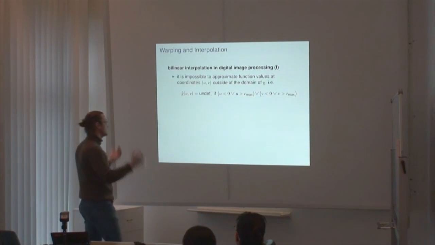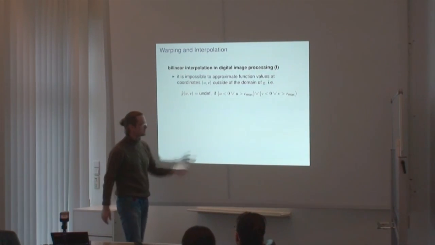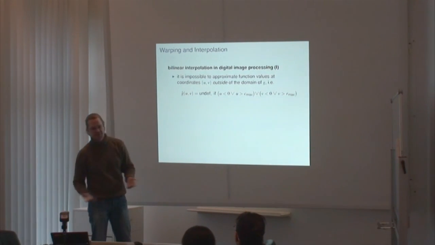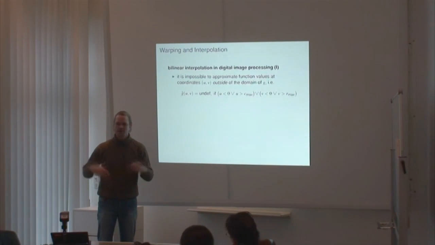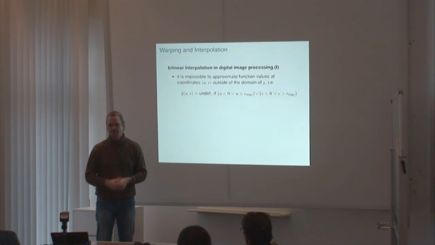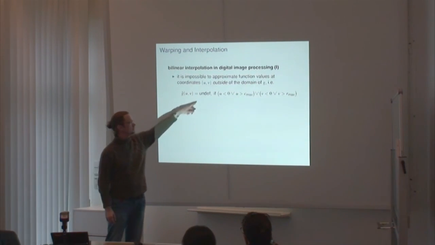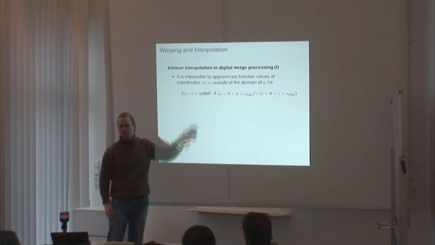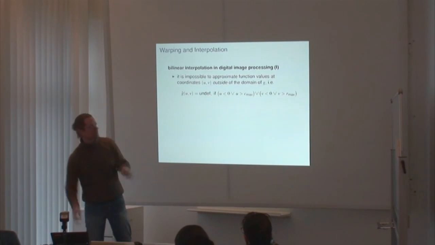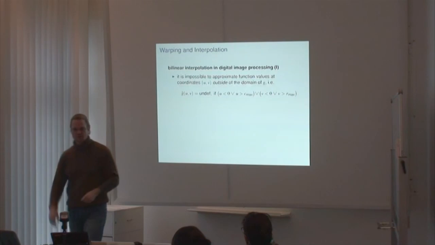So how are we to represent the fact that something is undefined in terms of color or intensity values? I usually set them to black. This is a practical choice. Mathematically, it's really undefined, and practically, I replace this undefined by black.